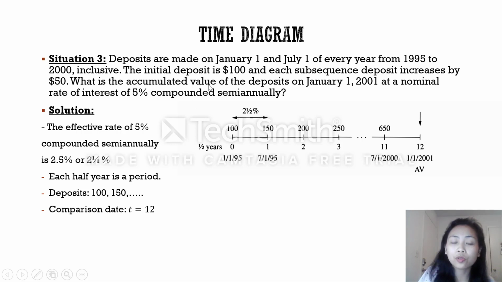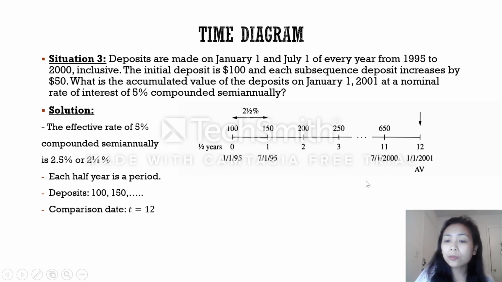So pay attention to the words: accumulated value at the end and present value at the initial time, time 0. Here, because the question asks for the accumulated value of deposits at January 1st, 2001, that is the comparison day. So we mark a vertical arrow right here.